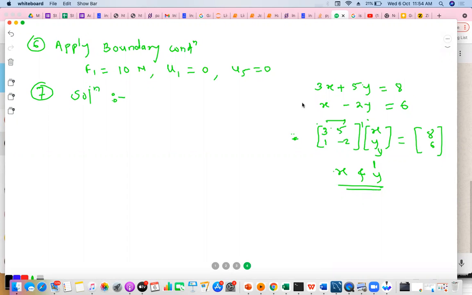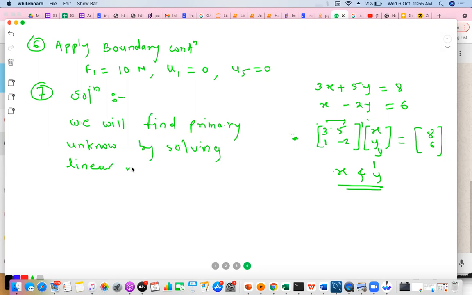We will be solving these linear equations, and we will try to find the primary unknowns by solving linear matrix algebra.